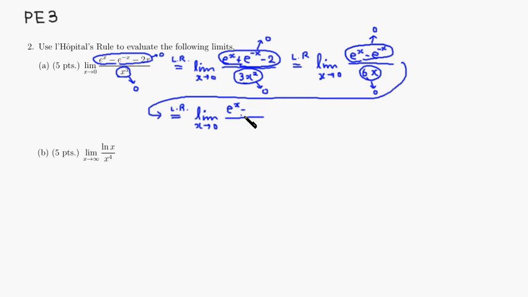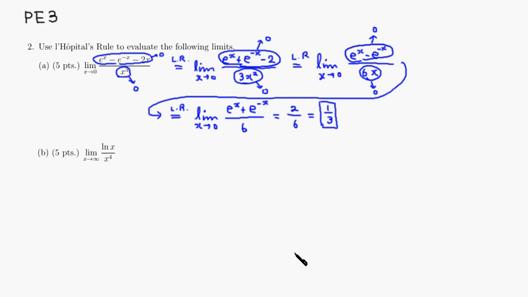Derivative of e to the negative x is negative, so I'm going to turn it into positive e to the negative x. Derivative of 6x is 6. Now we plug in. e to the 0 plus e to the 0 is 1 plus 1 is 2. And 6 is 6. So it goes to 2 over 6, which is 1/3. So that's part A.